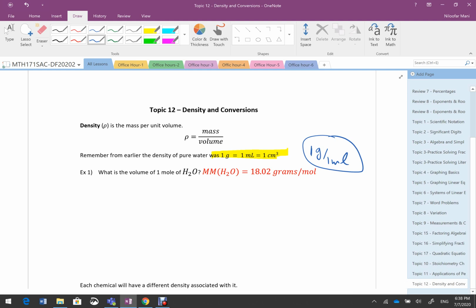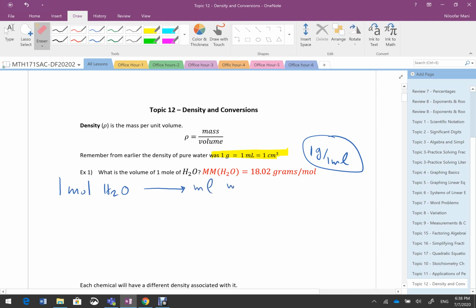We can start examples because we just did conversion before, so these are conversion as well. What is the volume of 1 mole of pure water? Here I have to say pure water because that was for pure water, the formula. So I have 1 mole of pure water, and I want to go to volume in milliliters of water.